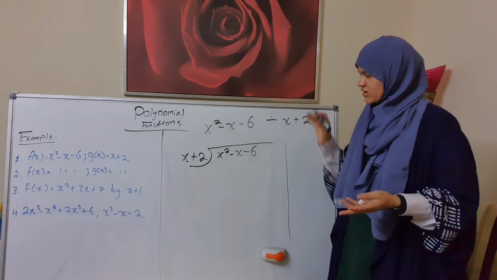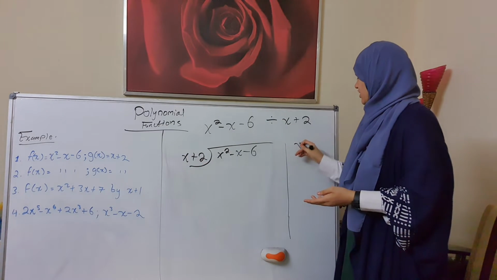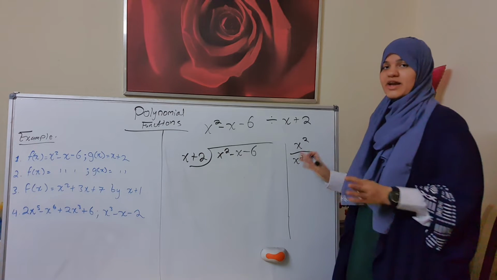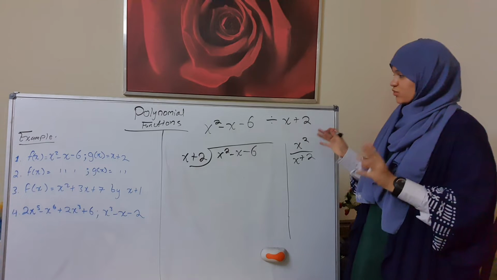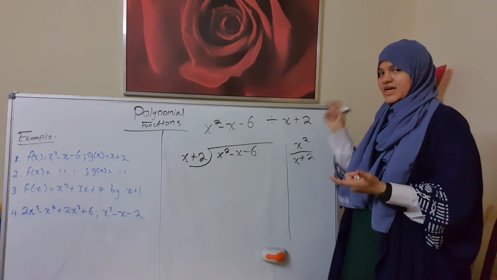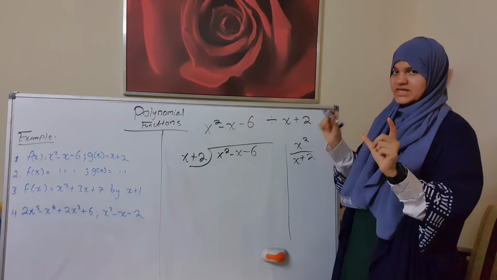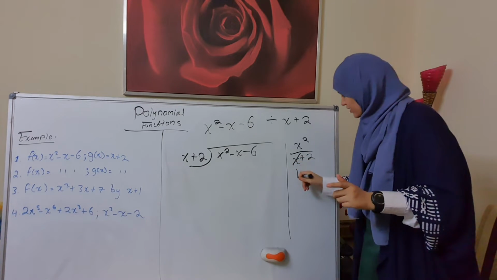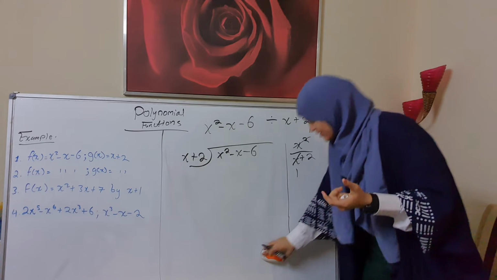Now what we have here, x squared over x plus 2. Can we cut them? Yes. Why? Because x squared means x times x, so we have here already x and down x, so that means here 1, and here also 1, only 1x. Let me make it more clear.